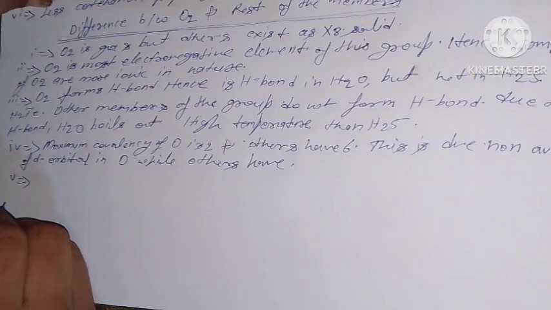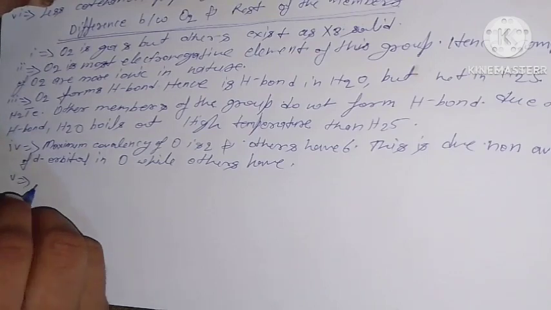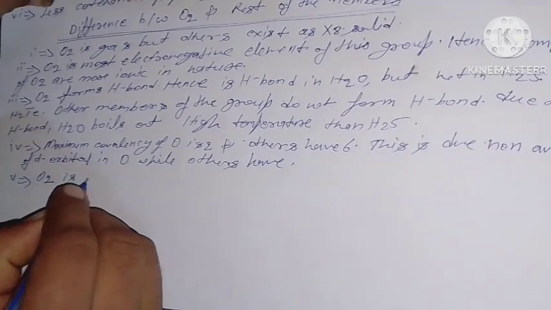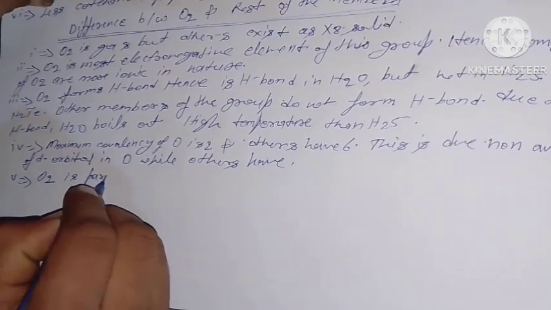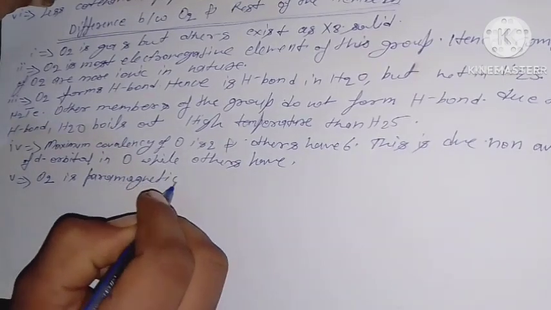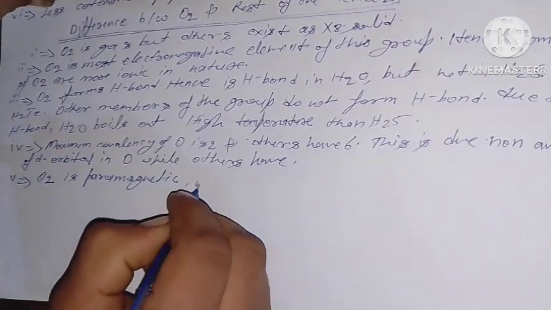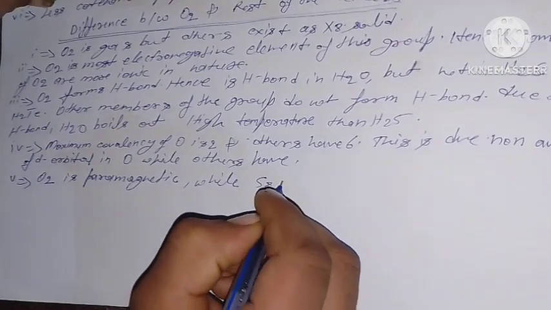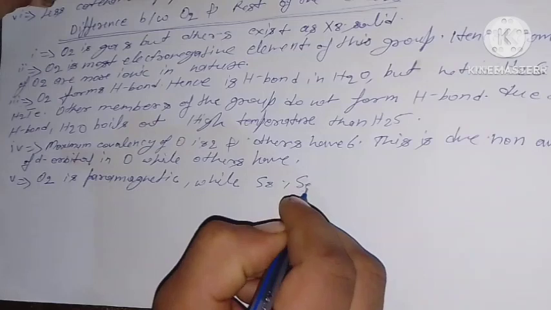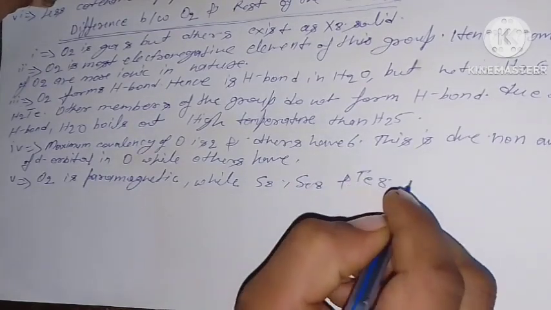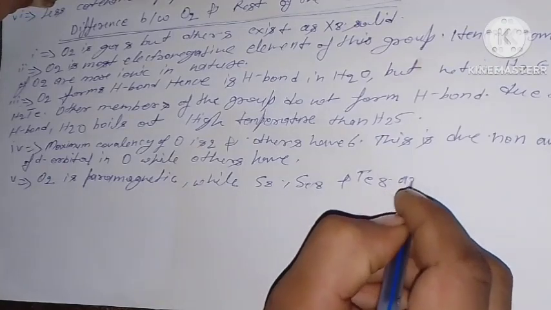Fifth point. Oxygen is paramagnetic, while sulphur, selenium, and tellurium are diamagnetic.